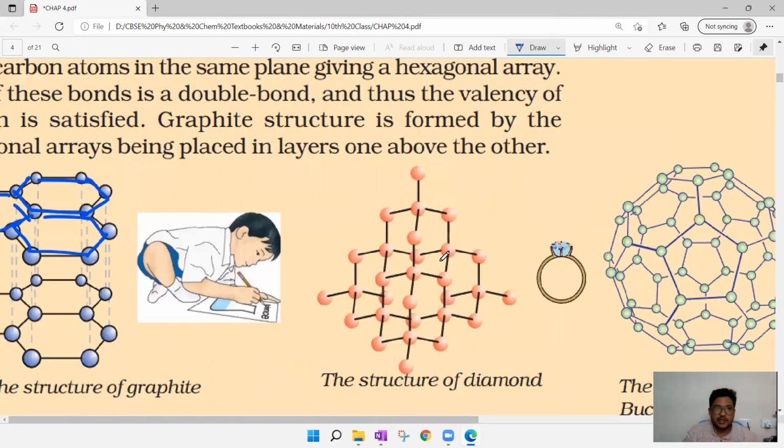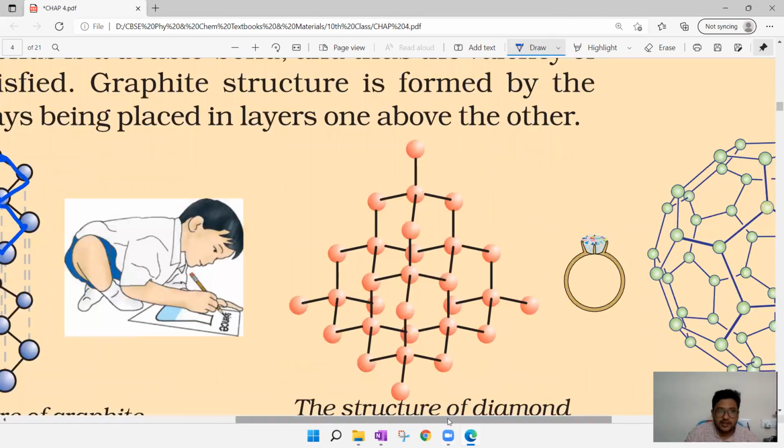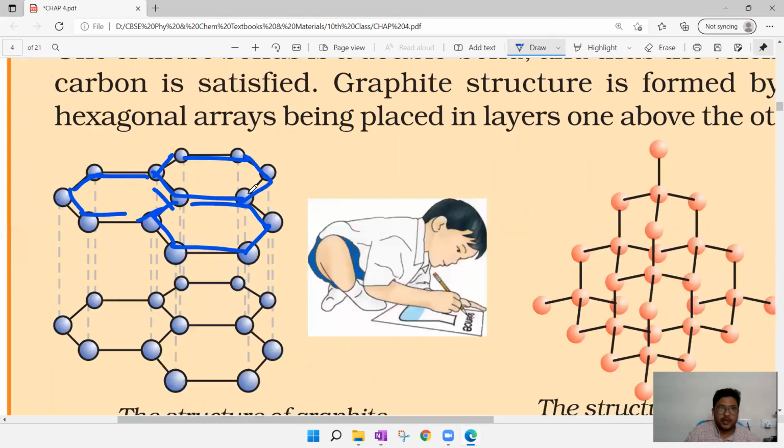This structure is rigid, and here, as I said, 1 carbon atom is bonded with 3. You can observe here, 1 carbon atom bonds with 1, 2, 3 carbon atoms. But in diamond, 1 carbon atom is bonded with 1, 2, 3, 4 carbon atoms. So diamond is so rigid, while graphite is brittle.